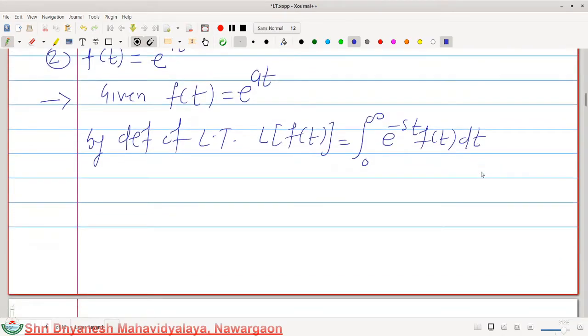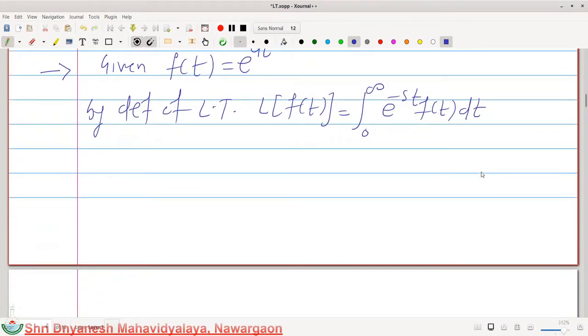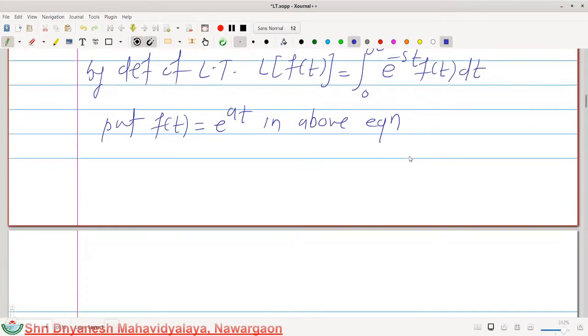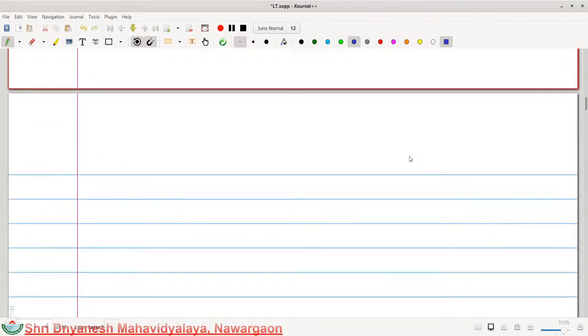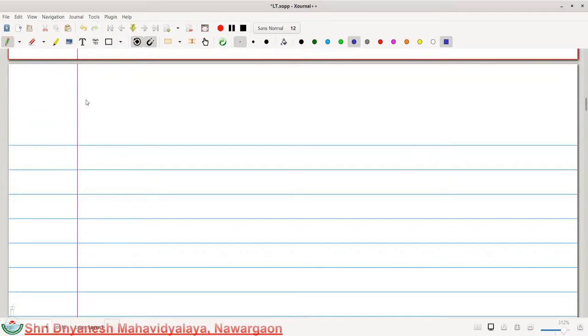Okay, what will you do? Replace f of t by e to the power at. Put f of t equals e to the power at in the above equation. What will we get? Let us see that on the next page.